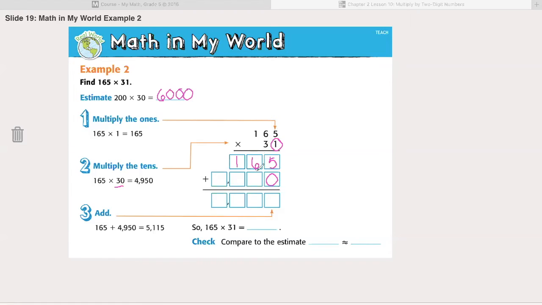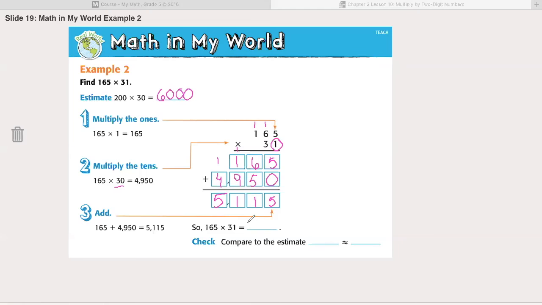3 times 5 is 15. Carry the 1. 3 times 6 is 18, plus 1 is 19. Carry the 1. 3 times 1 is 3, plus 1 is 4. Okay, so 5 plus 0 is 5. 6 plus 5 is 11. 1 plus 1 plus 9 is 11. 1 plus 4 is 5.